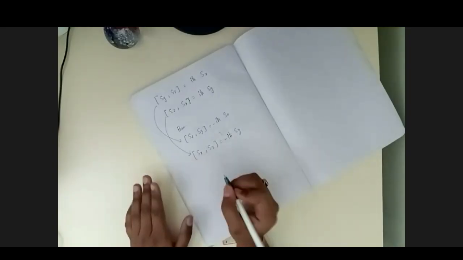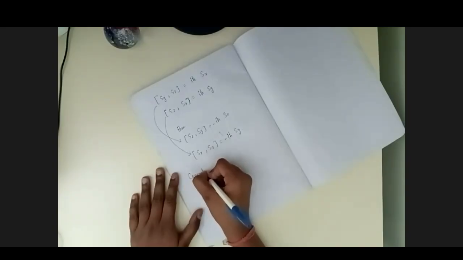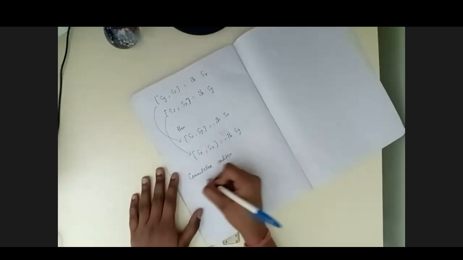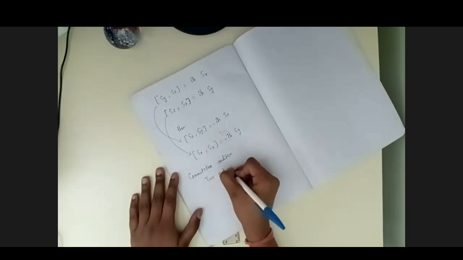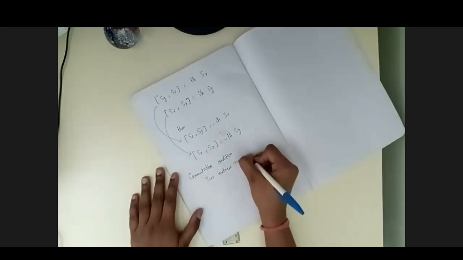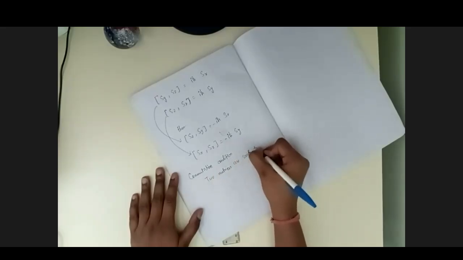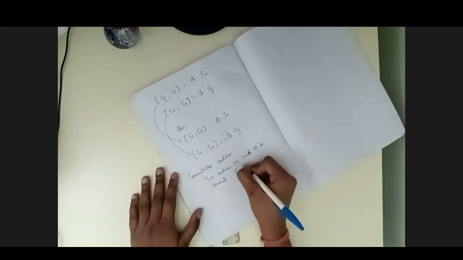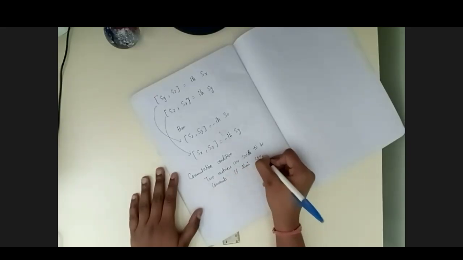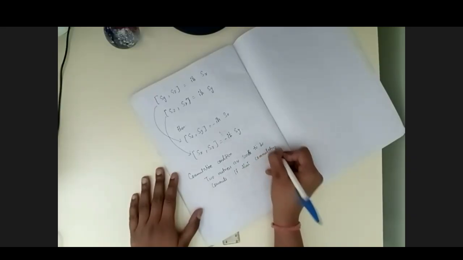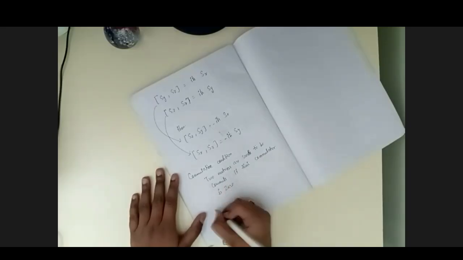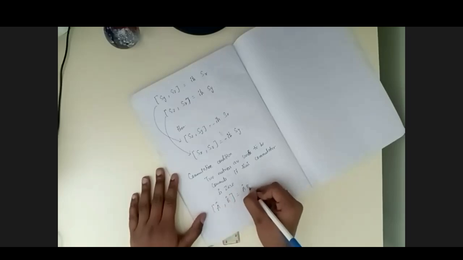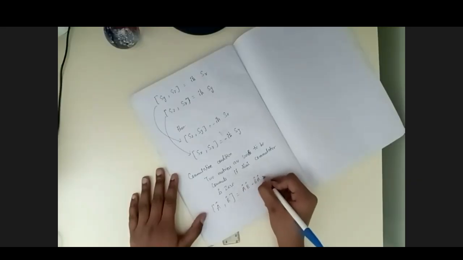So our conclusion is that the condition for commutativity is that two matrices are said to commute if their commutator is zero, which is like A cap comma B cap equals A cap B cap minus B cap A cap equals zero.